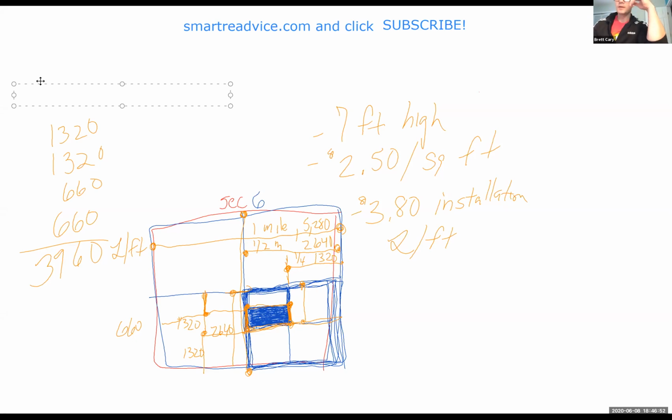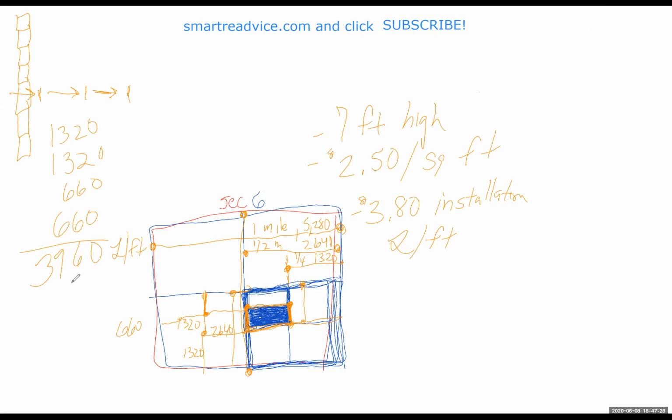Yes, we have 3960 linear feet, and you're walking every foot, just like if you started on the picture, walking here, then here, then here. You have to do that 3,960 feet, but remember, how many feet high? 7. 1, 2, 3, 4, 5, 6, 7. So it's really what? 3,960 times 7 gives you what?